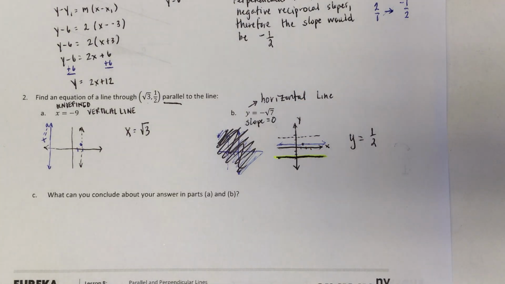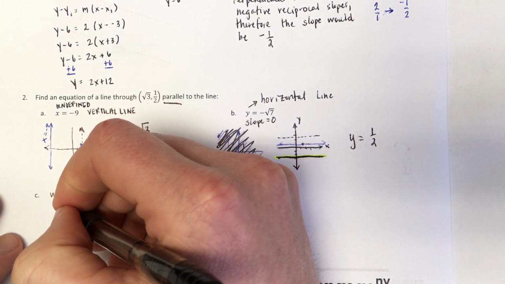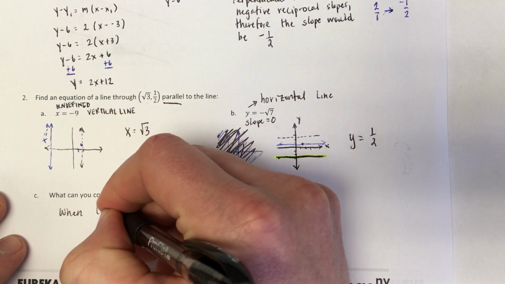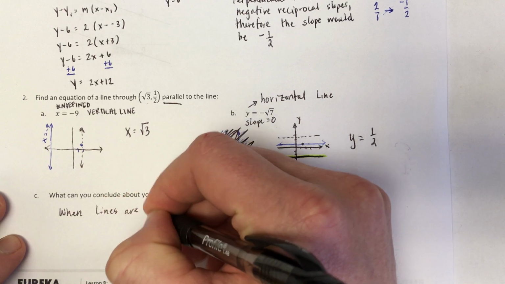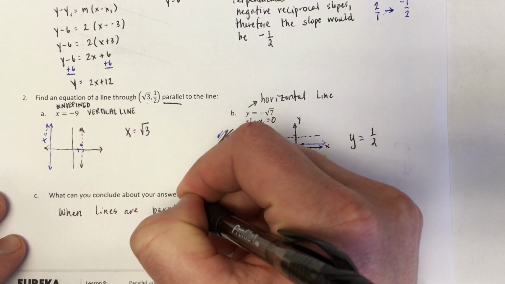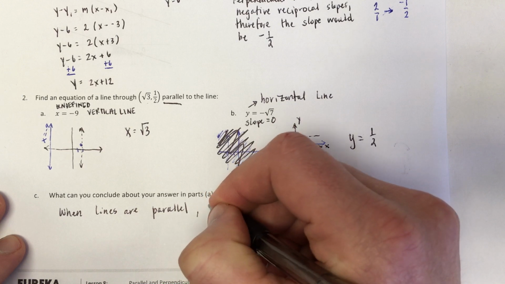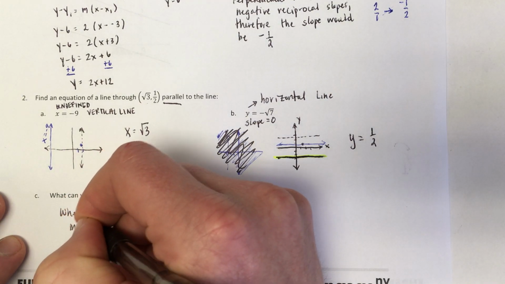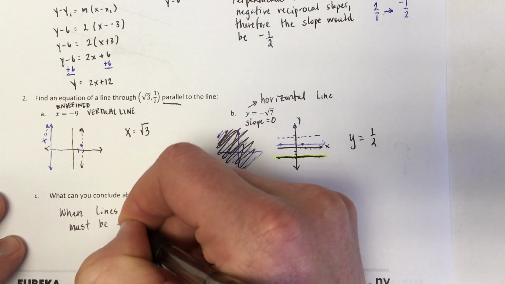All those details. And then it says, what can you conclude about your answer in parts A and B? When lines are parallel, slopes must be equal.